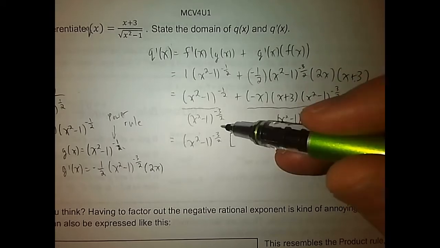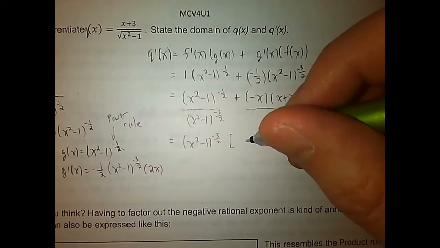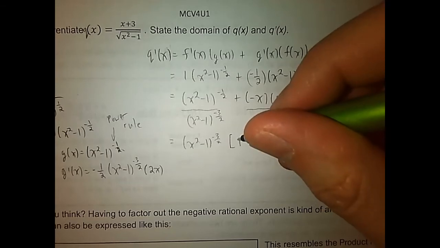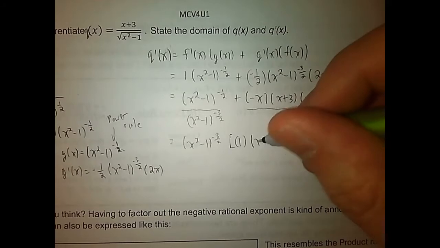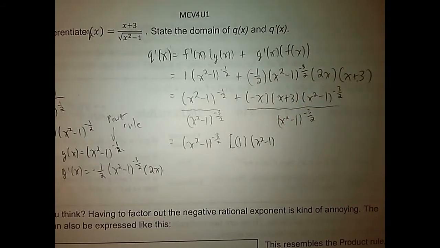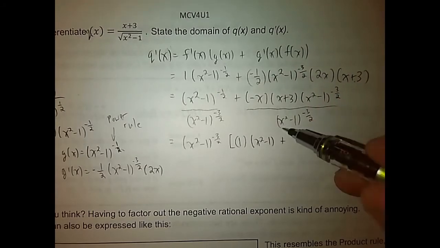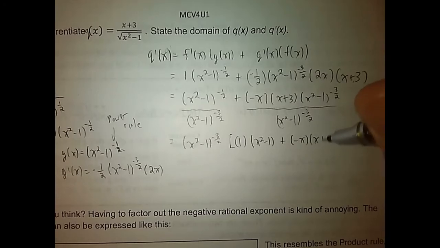Well, this divided by this, if I get negative 1 over 2, and I subtract negative 3 over 2, I'm just going to double check, I end up getting just 1. So I'm going to get, well, like that. And then I'm going to add to that, well, these cancel out. So I'm left with just negative x times x plus 3.